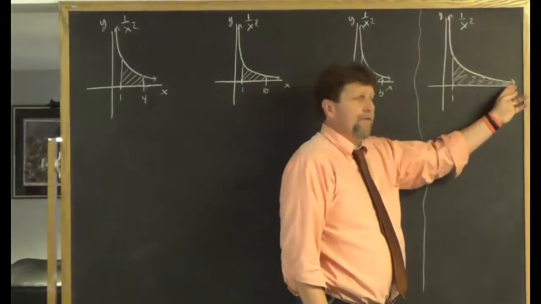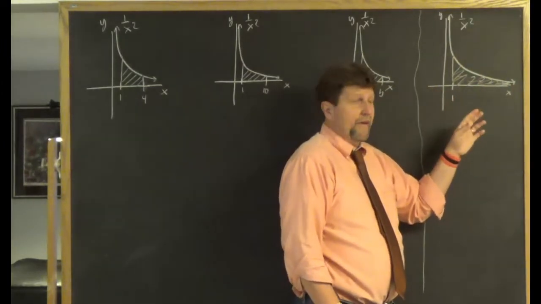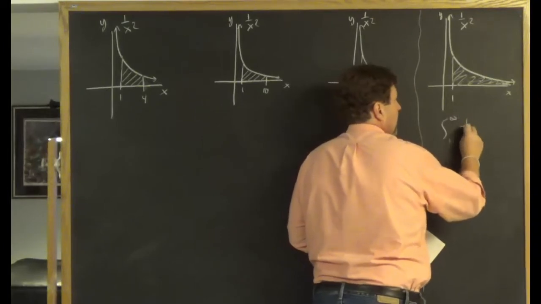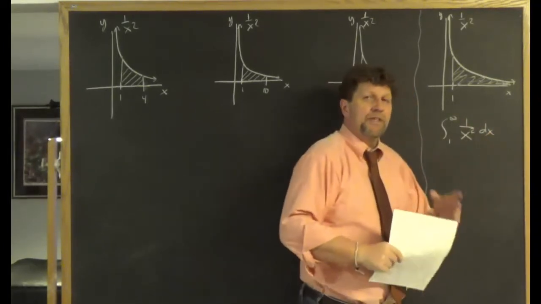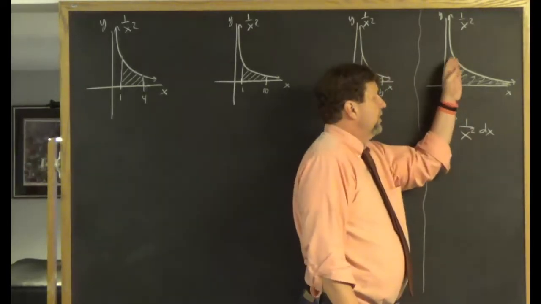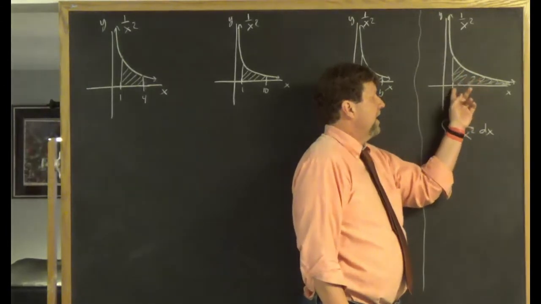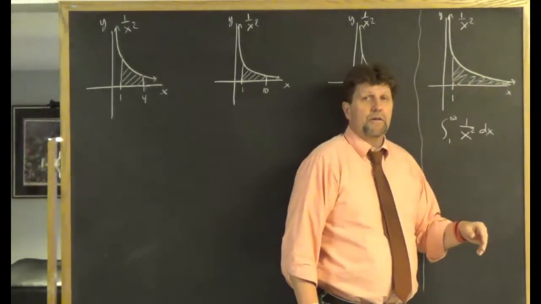Here's the graph of 1 over x squared. So the integral from 1 to infinity, 1 over x squared dx, is basically representing the area of the region that's below the graph of 1 over x squared, above the x-axis, from 1, and it continues on forever.